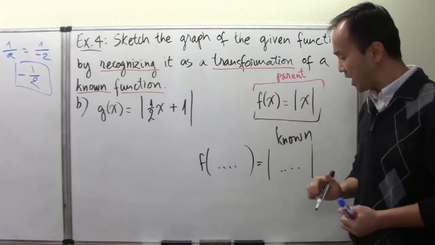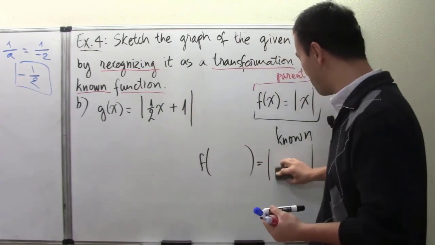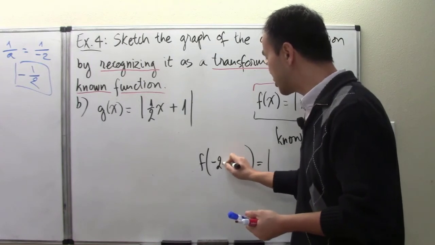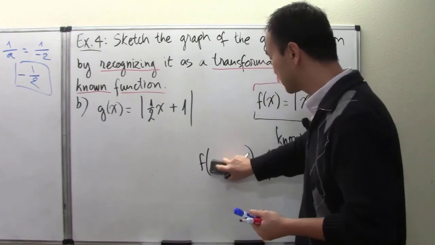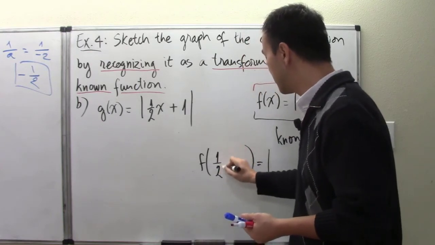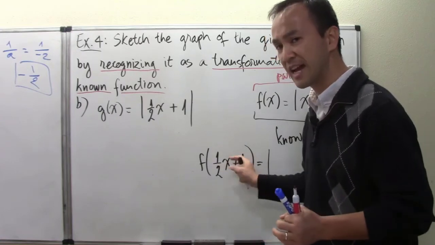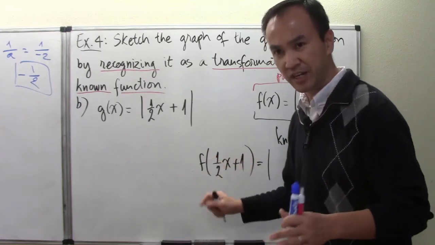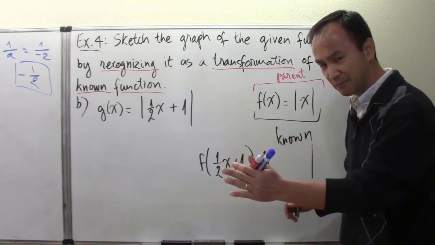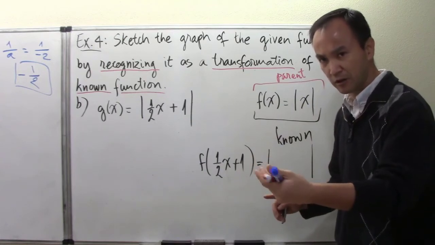And so in this way now, think about that. If we're going to step even one more step further, what if we substitute in the input 1/2 x plus 1? If we're substituting in that linear expression as the input for f of x, then we definitely will produce the following result. And especially we have already done that kind of problem where we had some advanced evaluation problems on a function.